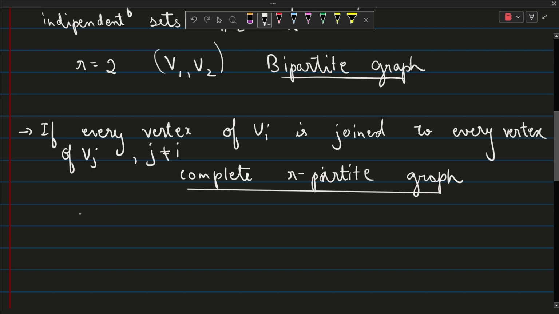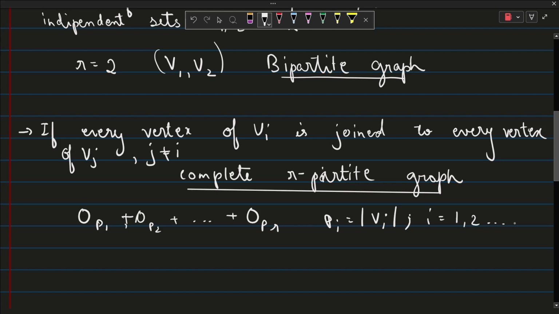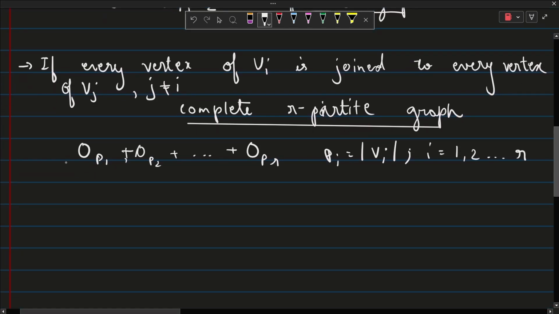And this is represented as K(P1) plus K(P2) plus so on up to K(PR), where these are all partitions, where Pi is the cardinality of Vi, and i can be 1, 2, so on up to R.